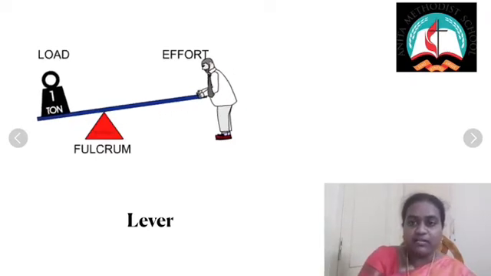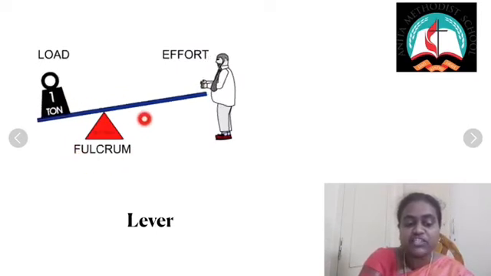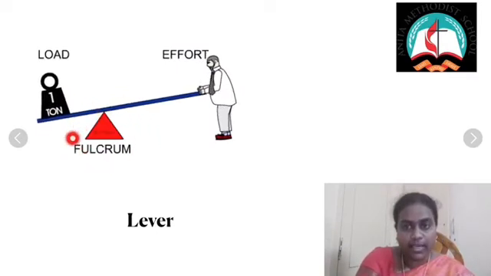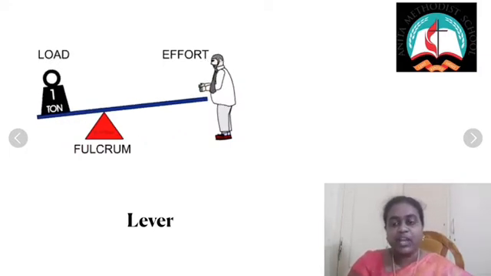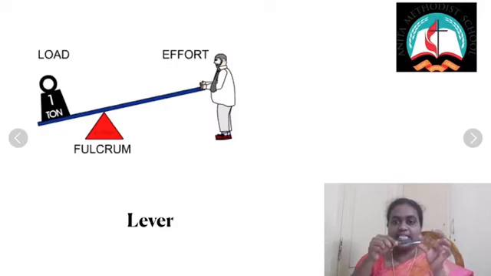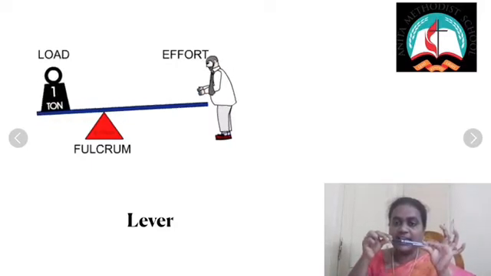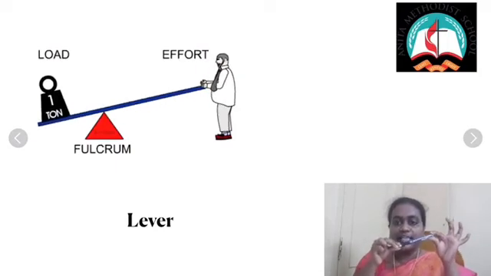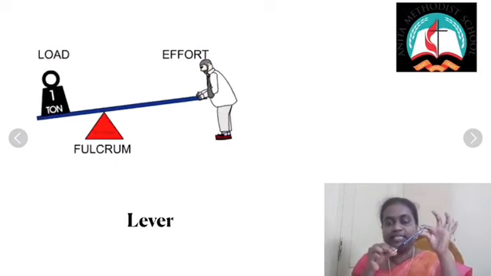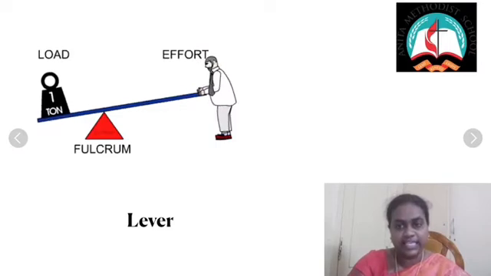The one which balances is called a fulcrum. Can you see this triangular one? Okay, that balances the lever on both the sides. When a weight is kept on one side of the lever, on the other side a person has to lift so that the load is lifted up. If anyone wants to lift a load, they can use this lever. Okay?